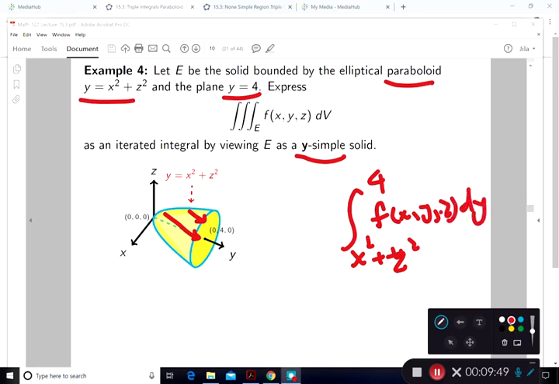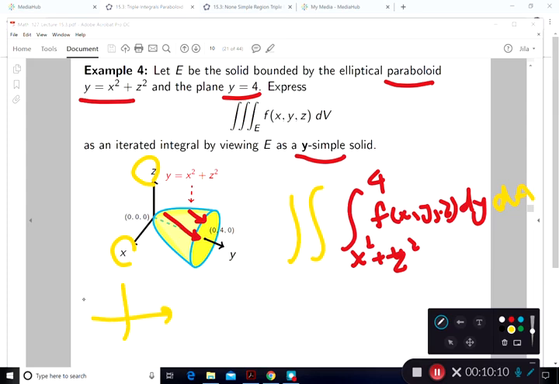Now I have to set up the outer two integrals. And so how do I do that part? Now, when we were looking at the paraboloid, I just saw that the projection over the x and z plane looks like a circle.